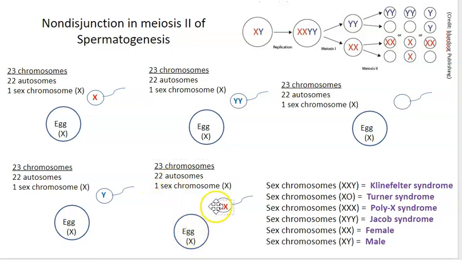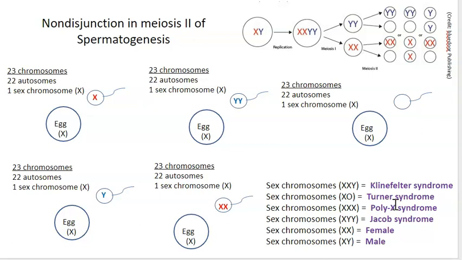It's going to result in a zygote that has the sex chromosomes XXX. Again, this zygote is going to have 47 chromosomes instead of 46, right? 44 autosomes, 3 sex chromosomes, 3 X's. That's a trisomy condition. This condition is called poly-X syndrome, which generally results in a normal functioning female.